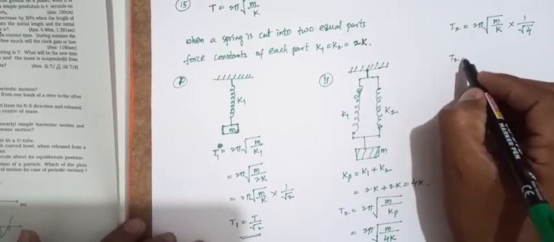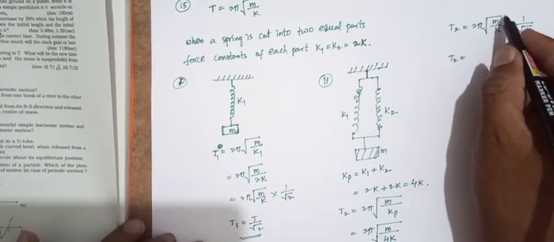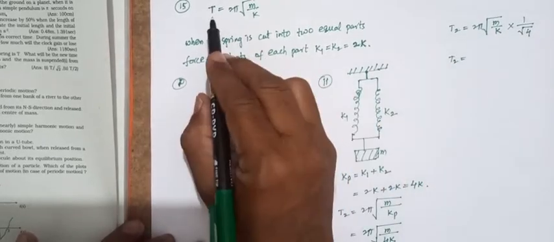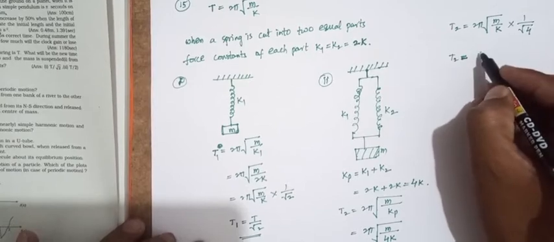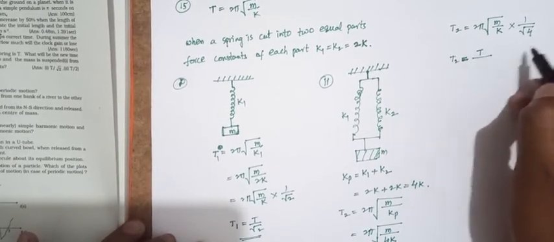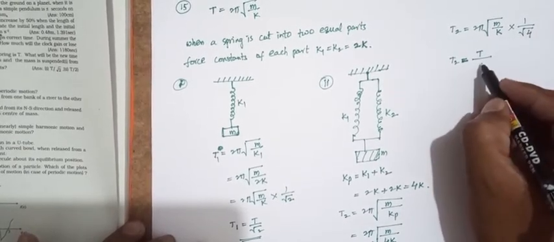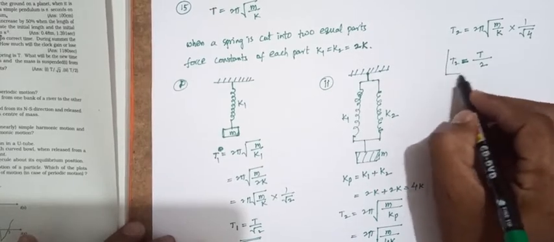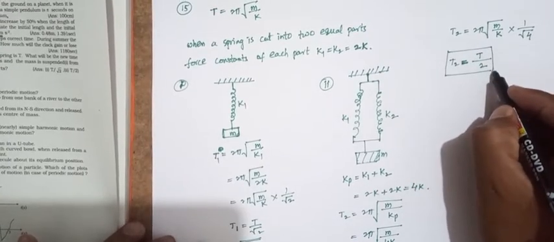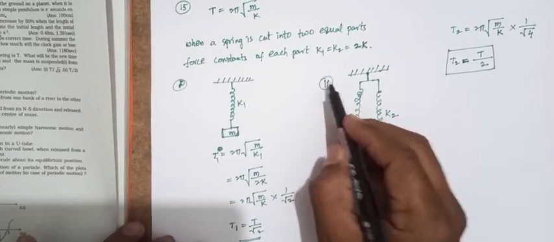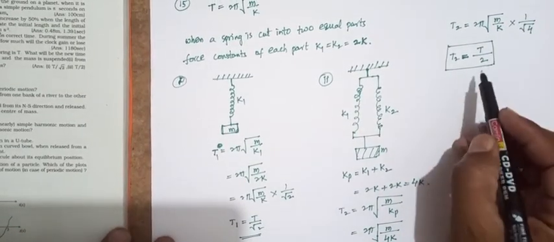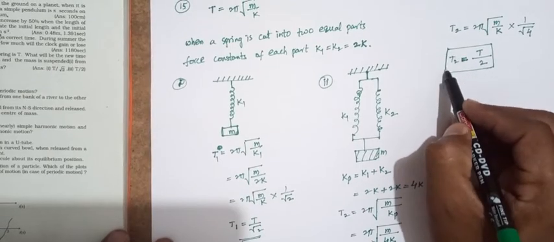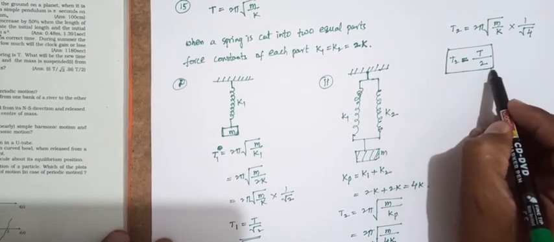So t2 equals 2 pi into square root of m by k, which is capital T, the initial time period, so that is T by root 4, which equals T by 2. So this is the second time period, t2 equals T by 2. So this is the end of the chapter, the end of the problems. Thank you.